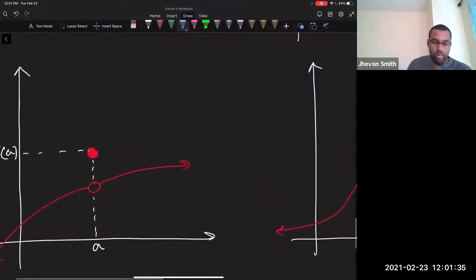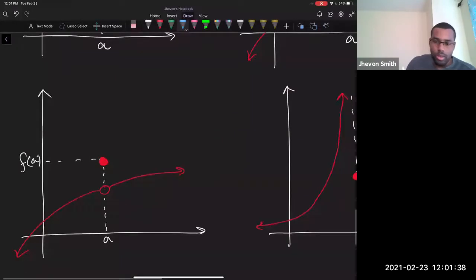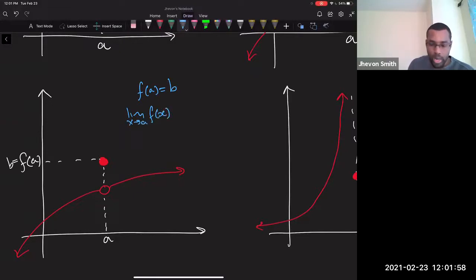Moving down to this example, right? You'll notice that f of a does exist. So f of a is defined. In fact, let's call it b. F of a equals b, so that number works. And I can take my limit as x approaches a of f of x. What is that going to approach? Well, it's going to approach whatever this y value is right here. Let's call that c. That's going to be c. So in this case, both of them work.